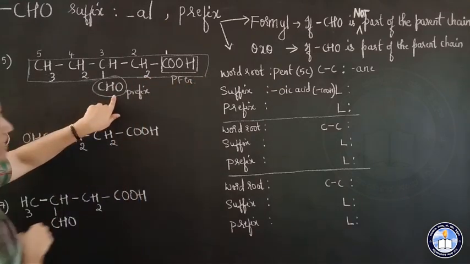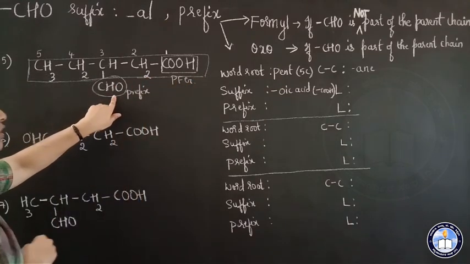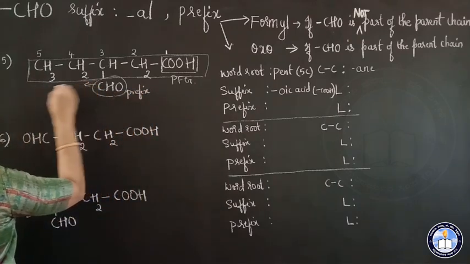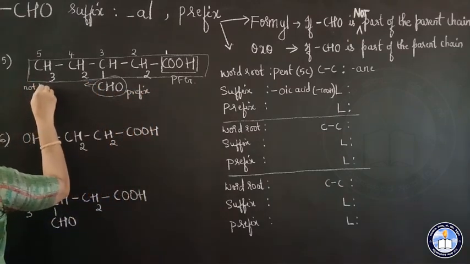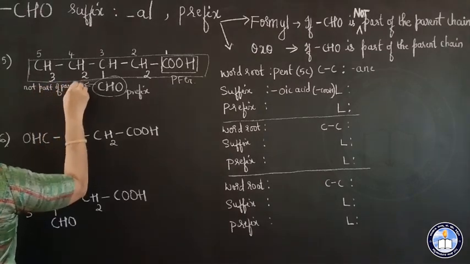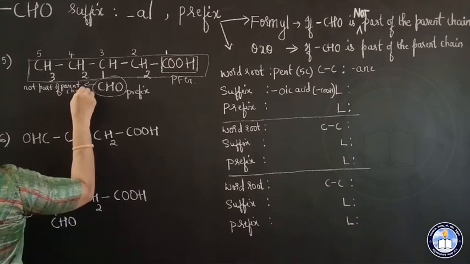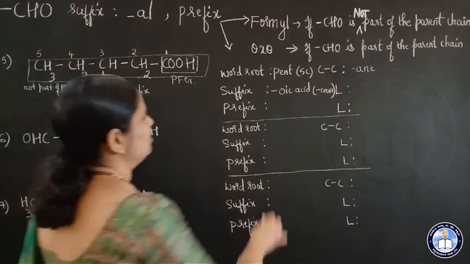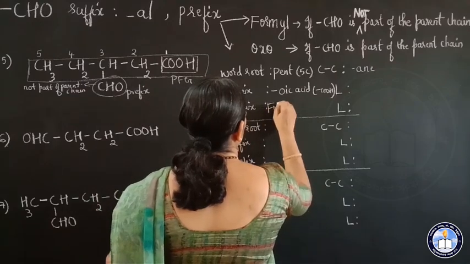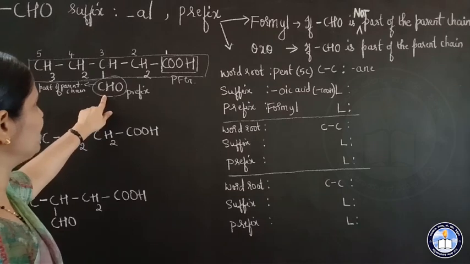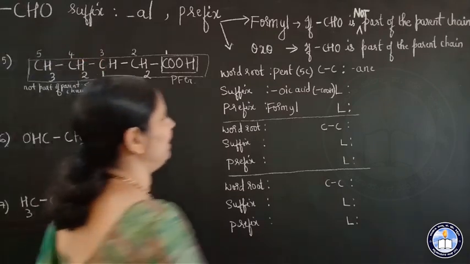This CHO group is not part of the parent chain. So what should be the prefix if it is not the part of the parent chain? So prefix should be formyl. CHO group is attached to the third carbon atom.